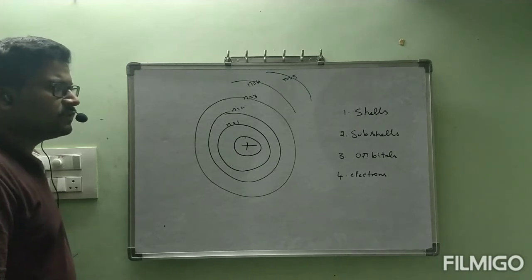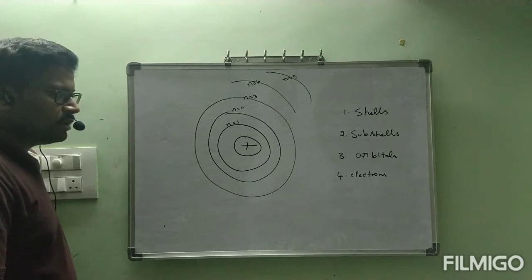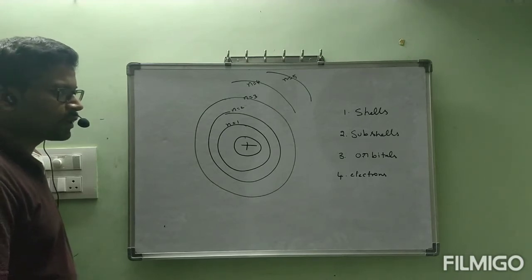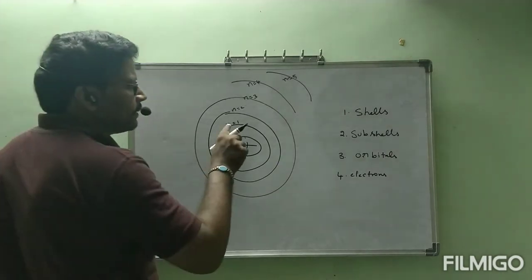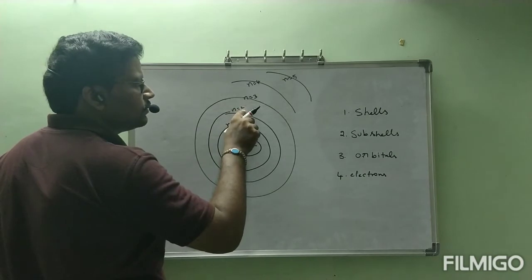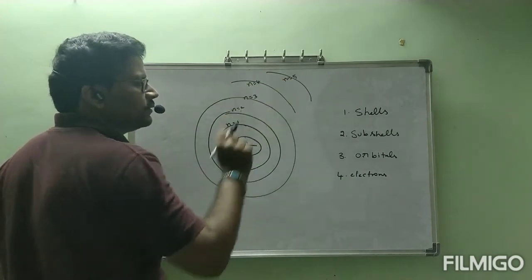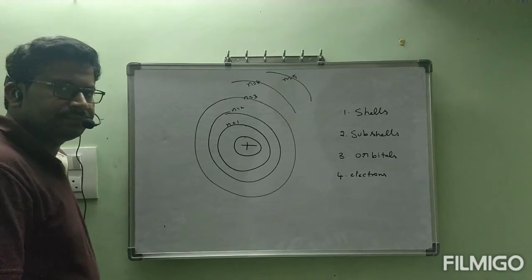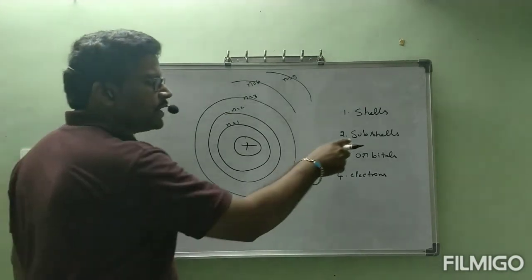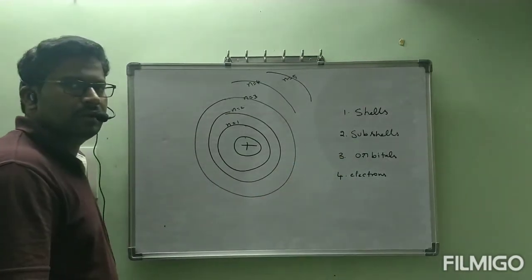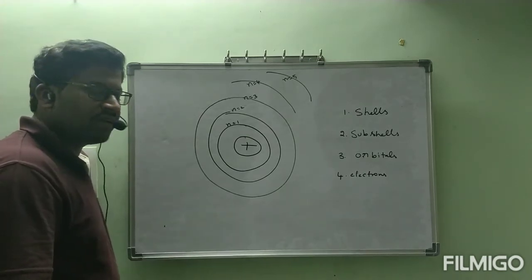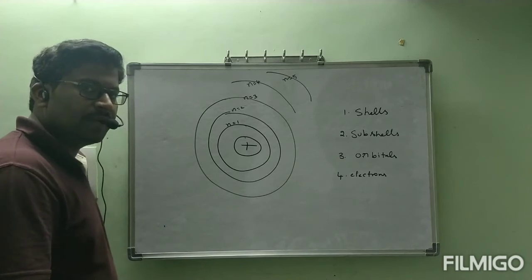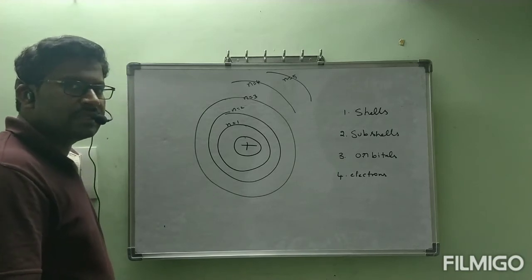Observe the 4 levels now. What are those 4 levels? Shells, subshells, orbitals, electrons. Now n is equal to 1, 2, 3, 4, 5. These are all shells. In shells, we have subshells. In subshells, we have orbitals. Finally, in orbitals, we have electrons. That is the order.